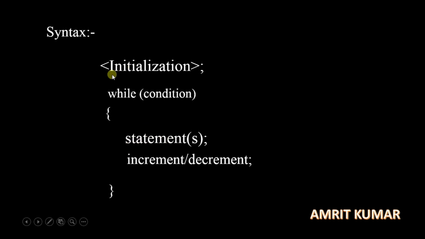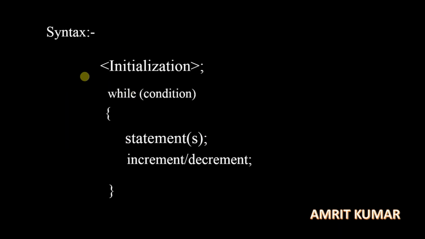You have to initialize the value first and use the semicolon. After that, you use the keyword while, because it is a while loop, and in that you write the condition, which is within this scope. After the condition is false, it is out of this bound.